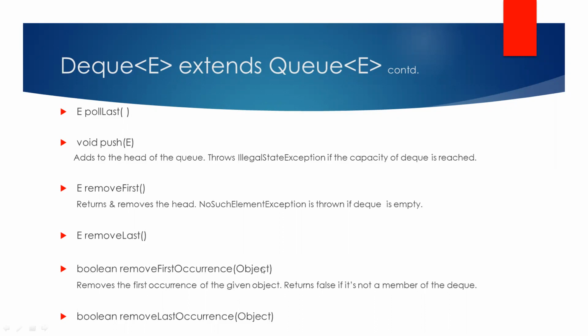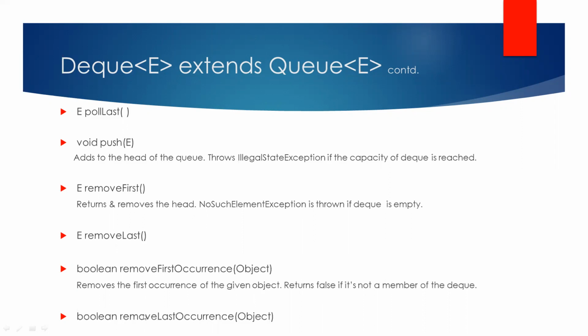Whenever that object is found in your Deque for the first time, it will remove that element. It removes the first occurrence of the given object, and returns false if it is not a member of the Deque. So if you pass an object that is not available in the Deque, it will return false.